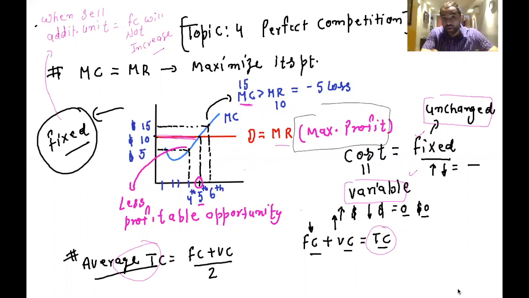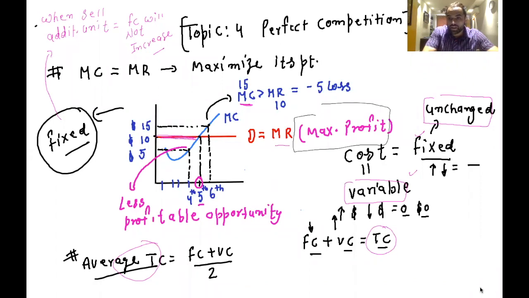So for additional production, for additional units, you do not have additional fixed cost. So this is only fixed cost, right? You can see on the top, when you sell an additional unit, fixed costs will not increase, they remain unchanged.